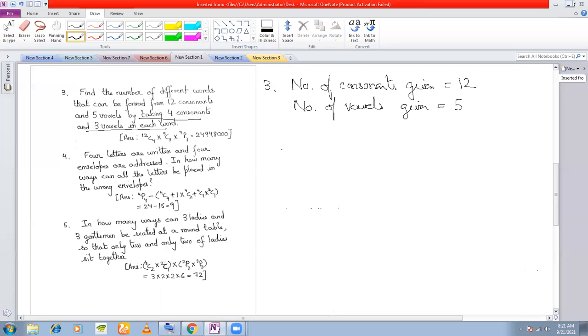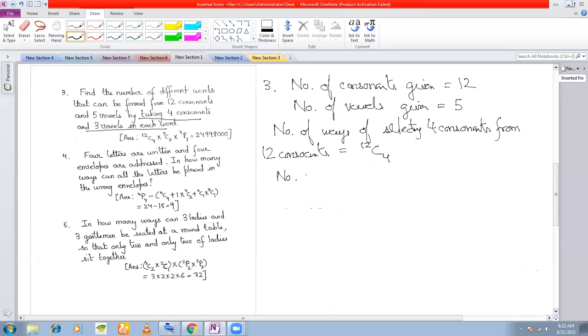Okay. So number of ways of selecting. How many consonants are there? You're forming the word with how many consonants? 4. So number of ways of selecting 4 consonants from 12 consonants is equal to 12C4.